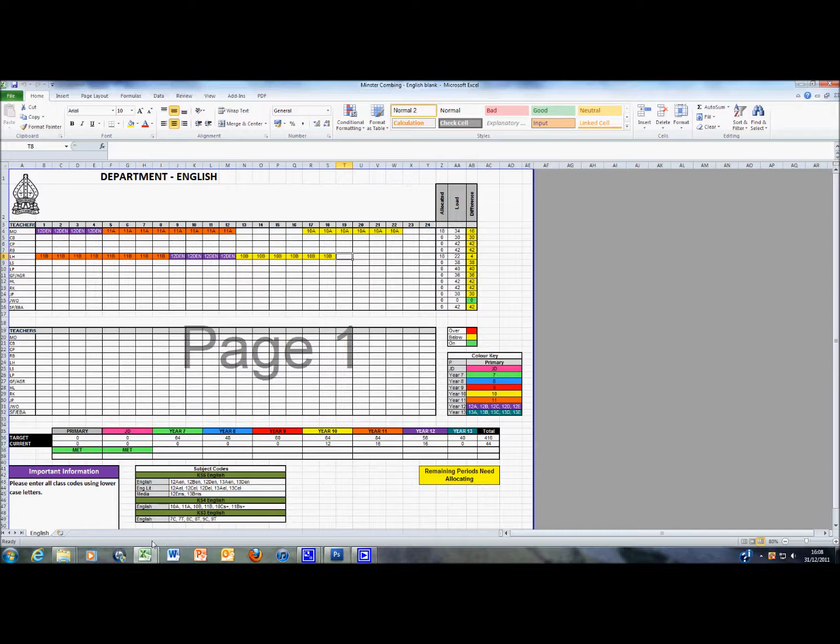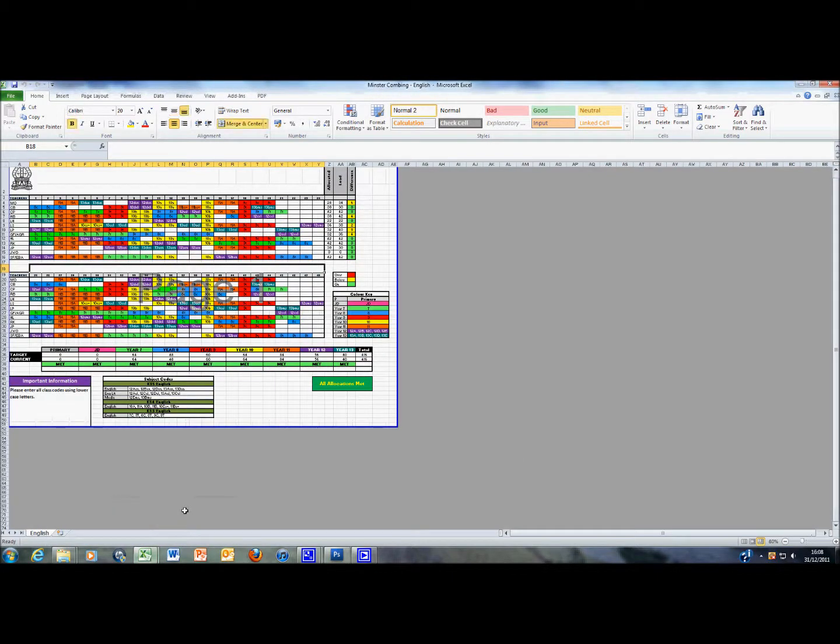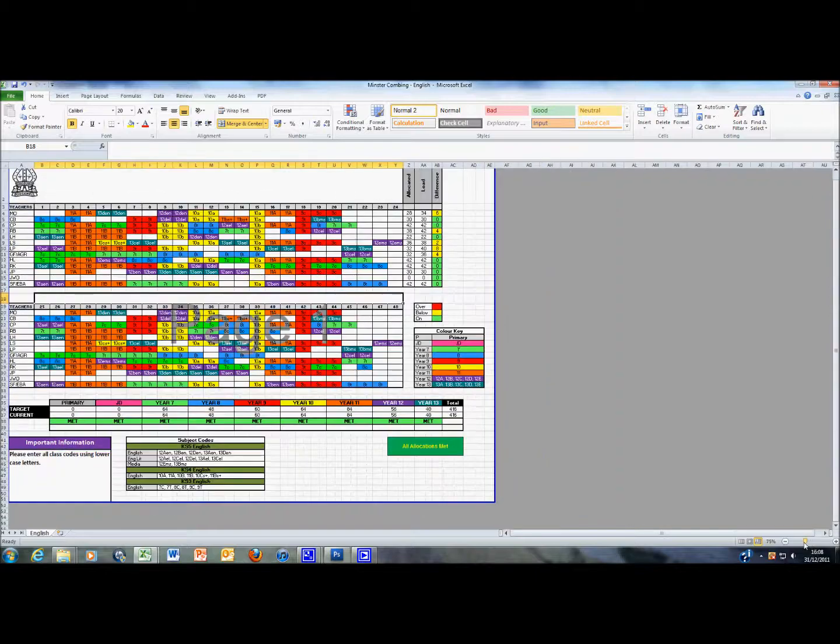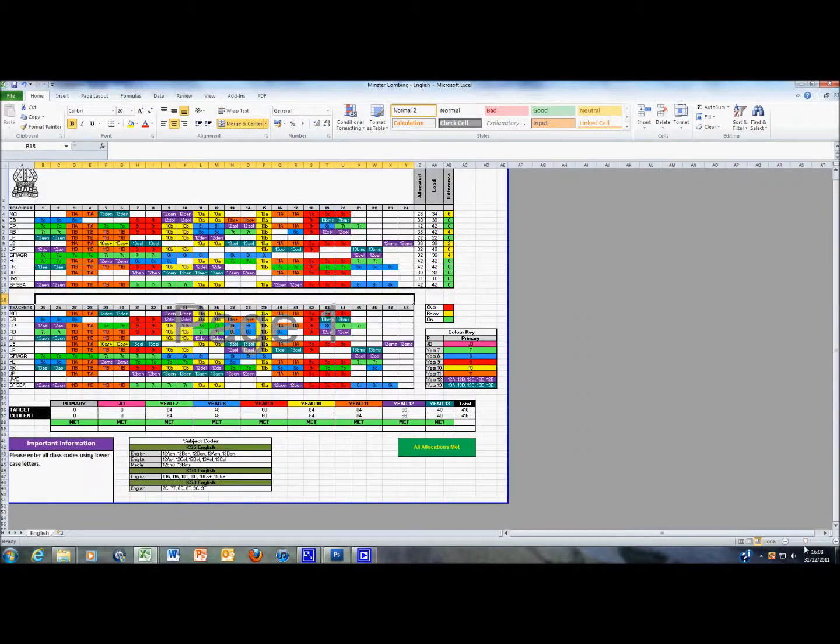Looking at the example that was completed for last year's timetable construction, we can see that the timetable combing chart was completed in much the same way.